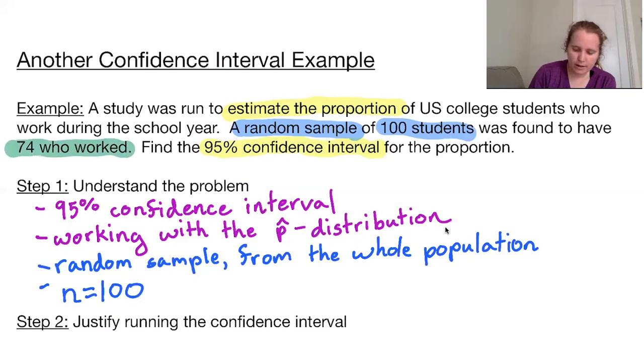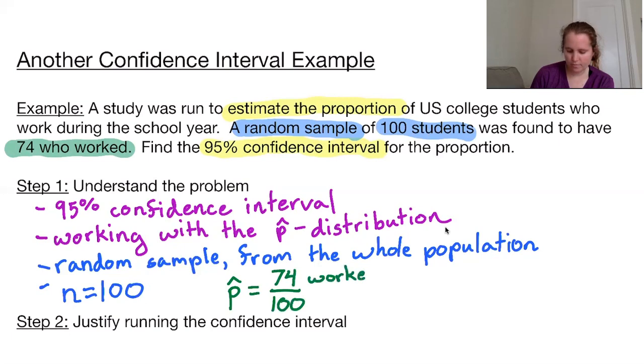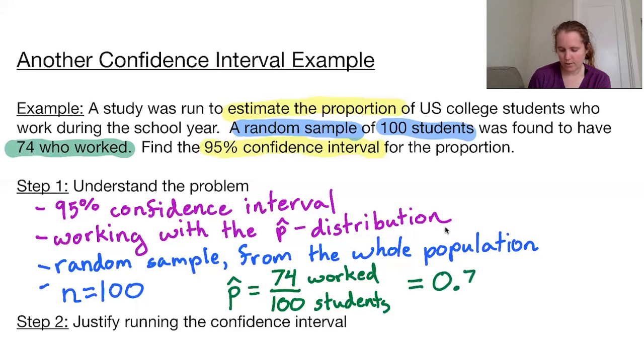So we are looking at p-hat. We have 74 worked out of our 100, so our sample proportion is 0.74.